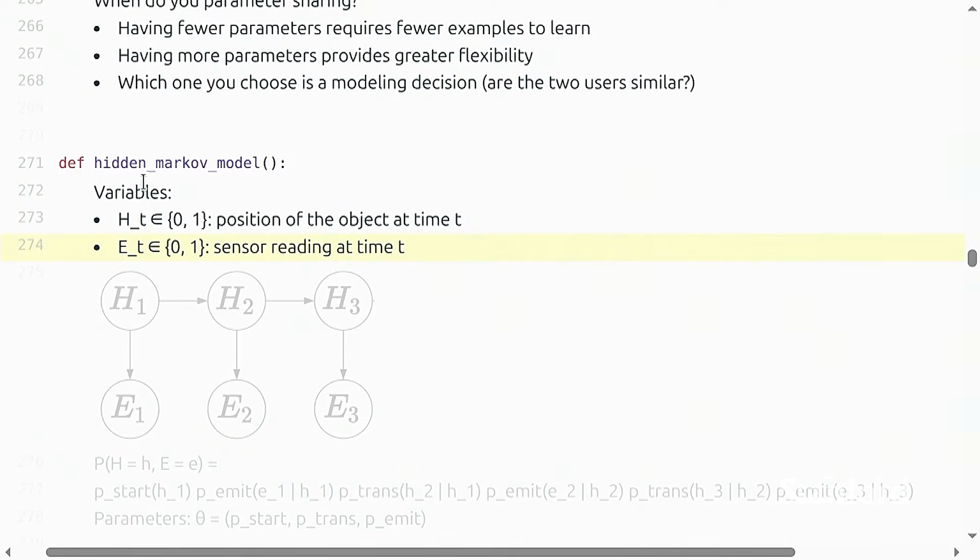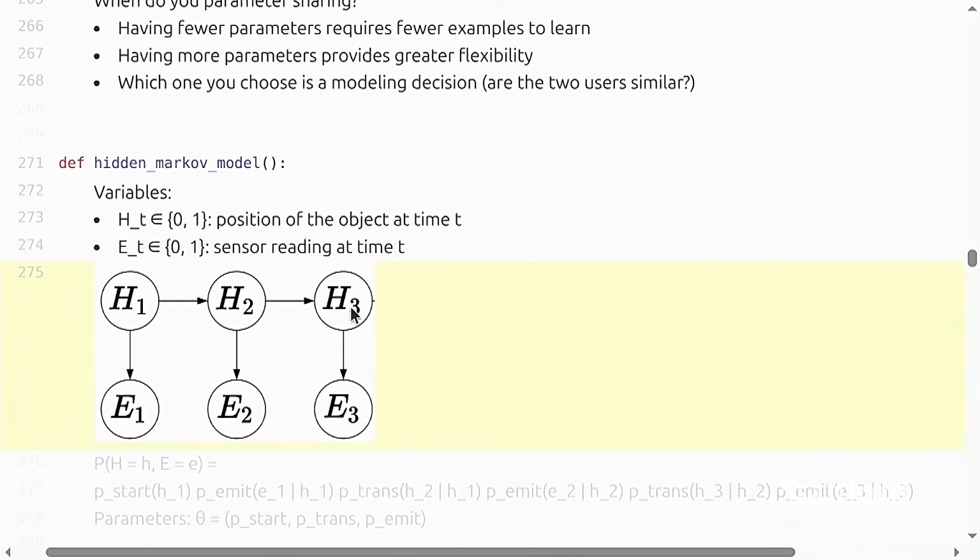The reason why it's called hidden Markov is that this is a Markov chain on the hidden states. Hidden Markov models are used commonly in a bunch of places. They used to be used in speech recognition and computational biology, and they can be used for object tracking as well.